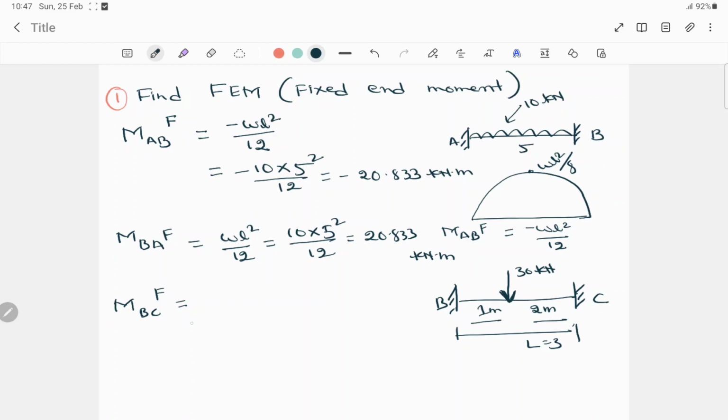So now for this condition, the formula for MBC will be minus WAB square upon L square.